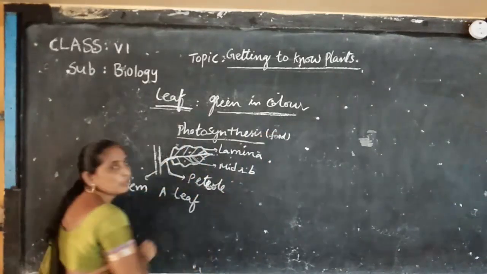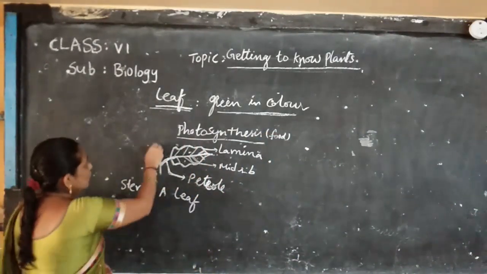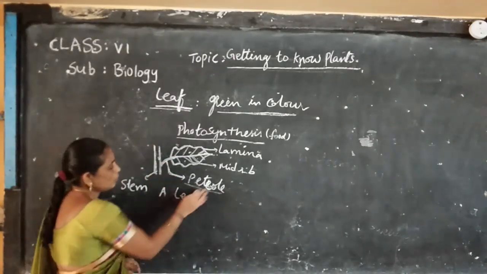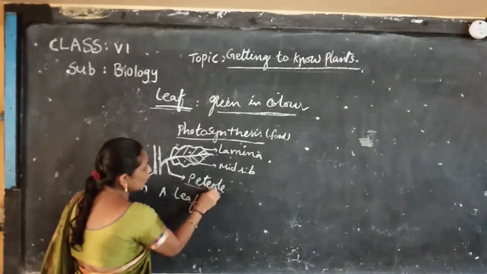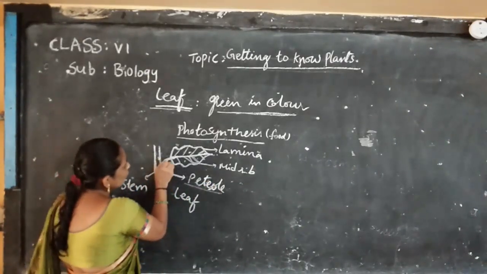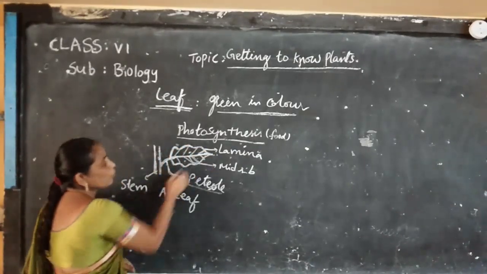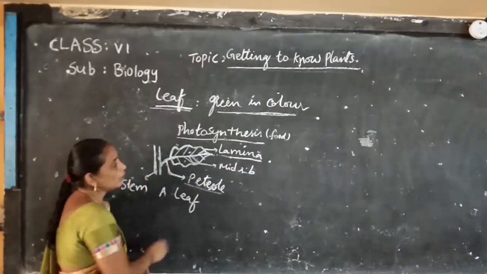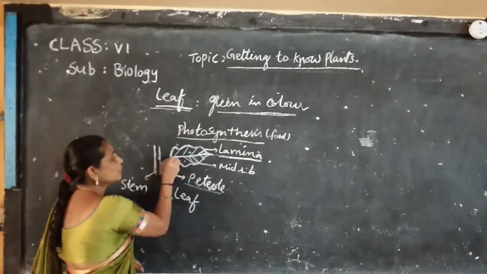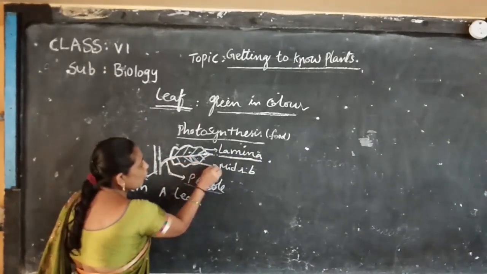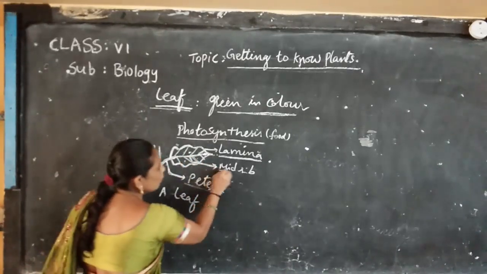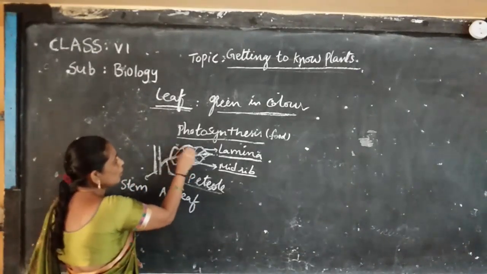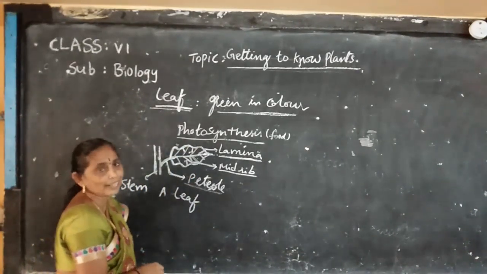The part of the leaf attached to the stem is called the petiole.